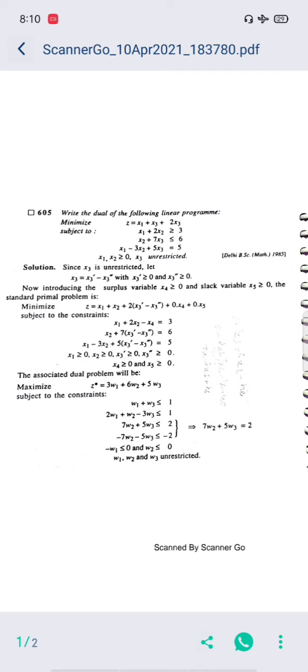So we have to introduce surplus variable x4 and slack variable x5 such that the standard primal problem becomes: minimize Z equal to x1 plus x2 plus 2 into x3 dash minus x3 double dash plus 0 into x4 plus 0 into x5, subject to the constraints x1 plus 2x2 minus x4 equal to 3, x2 plus 7 into x3 dash minus x3 double dash plus x5 equal to 6, x1 minus 3x2 plus 5 into x3 dash minus x3 double dash equal to 5, and x1, x2, x3 dash, x3 double dash, x4 and x5 are greater than or equal to 0. Now we have to write its dual form.